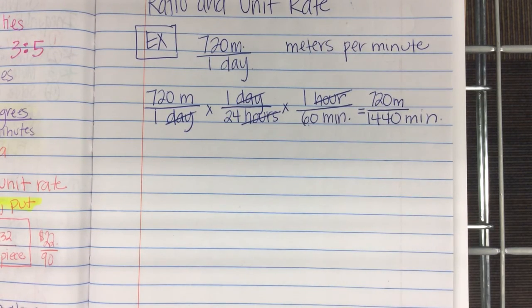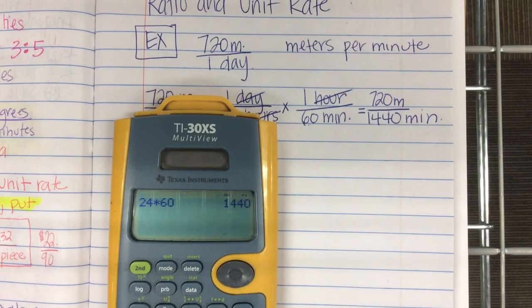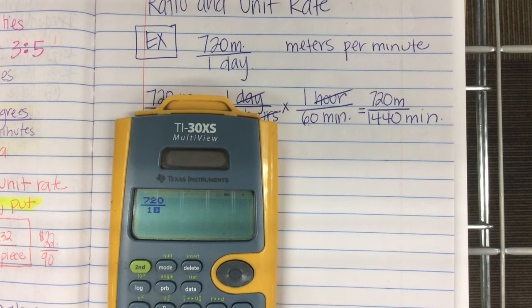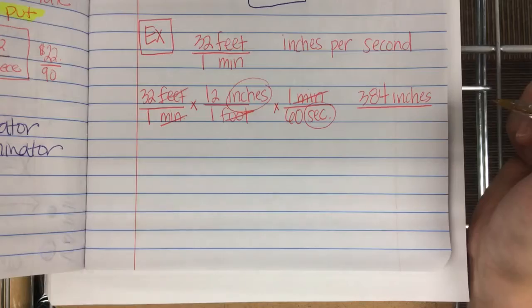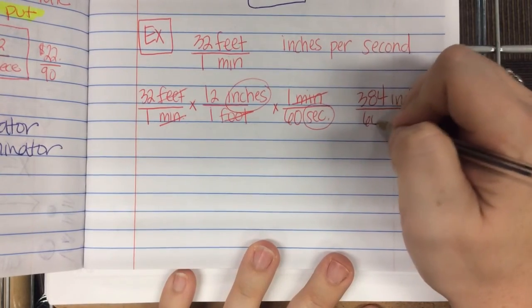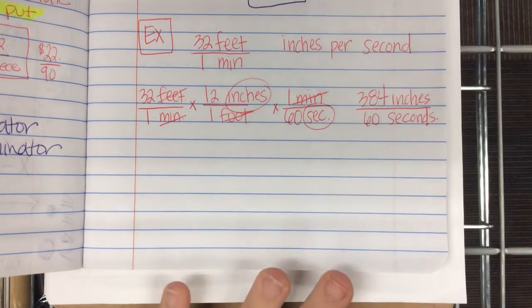But I'm still not finished. Simplify. So in your calculator, because calculators are great and they'll do it for you, you can type 720 over 1,440. Is that my answer?